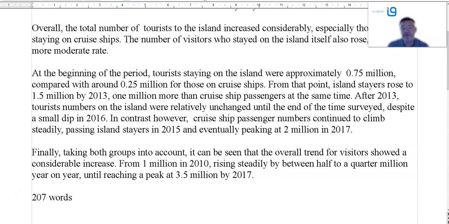So, first thing, you paraphrase what the chart actually shows you. The general overview shows the general trends, you know, that's gone up, that's gone down, but this one's easy because all of the trends were upwards. And then describe the data, make comparisons. So this was this, that was that, at this point it crossed over, and so on.